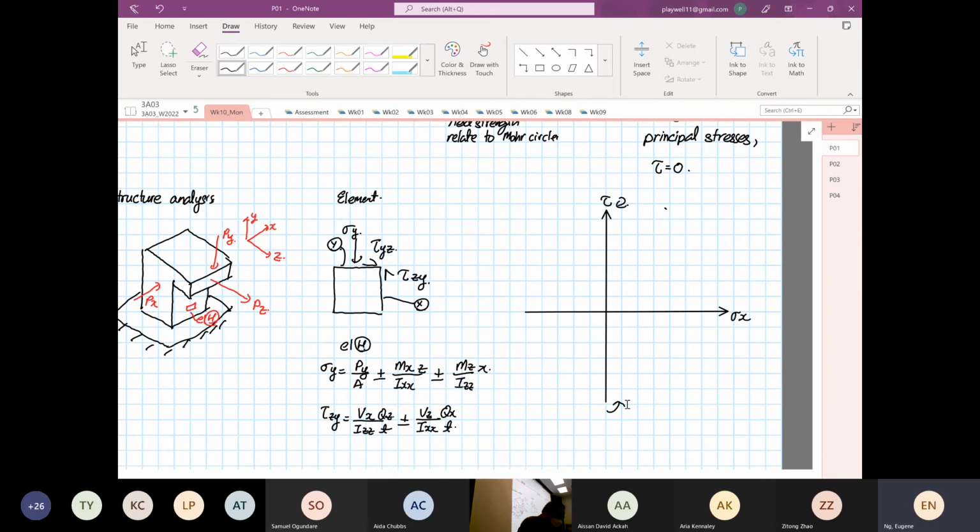Okay, so now we look at point X. Point X has a tensor equal to 0. I should have focused on the compression side of things. So let's say this is our stress X line. Then we have our stress Y line. Sorry guys, I will shift this.